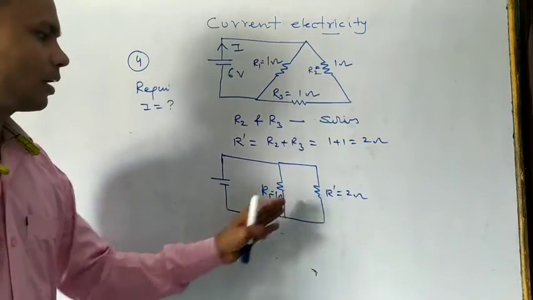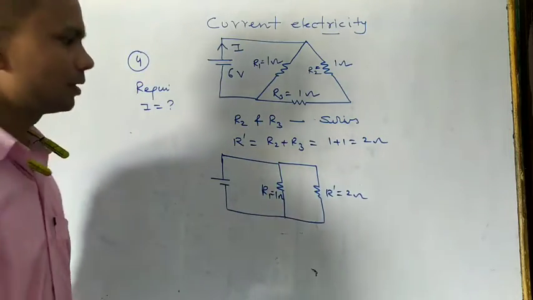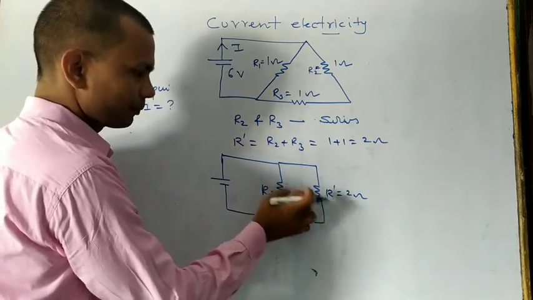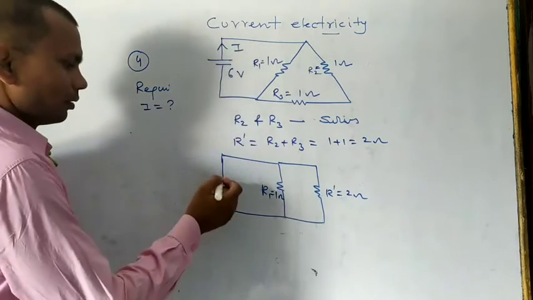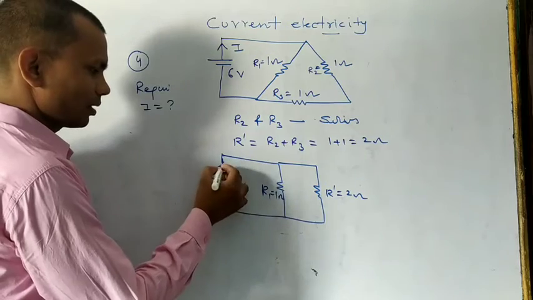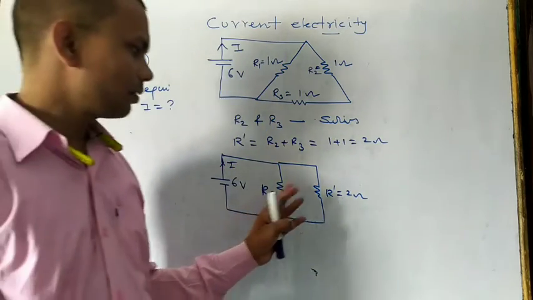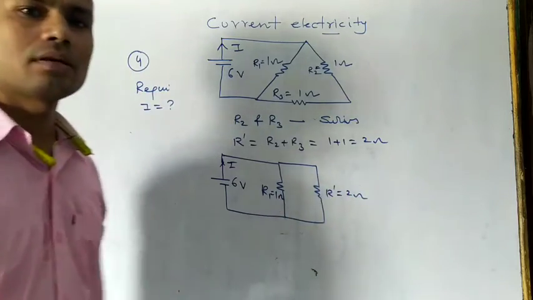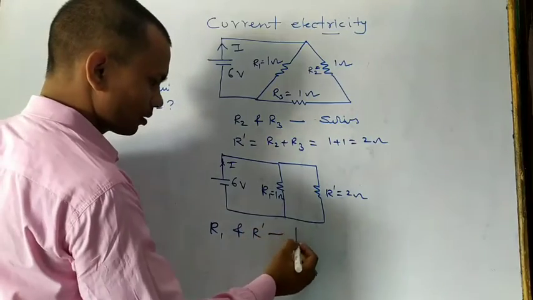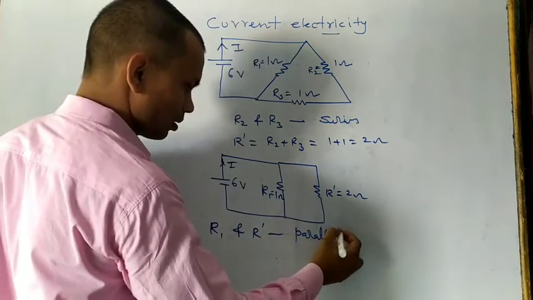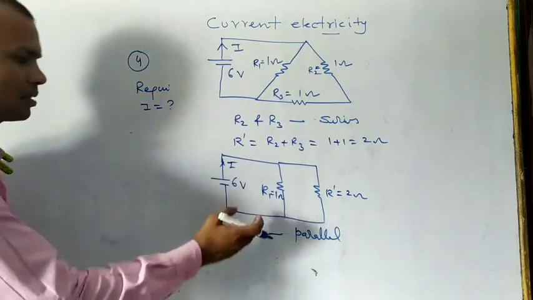Now here you have to see that R1 and R dash are connected in parallel, because there are two paths, and the current flowing in this and in this is different. This is the 6 volt source, and suppose the total current I is flowing. Now we want to calculate the equivalent resistance of this network.